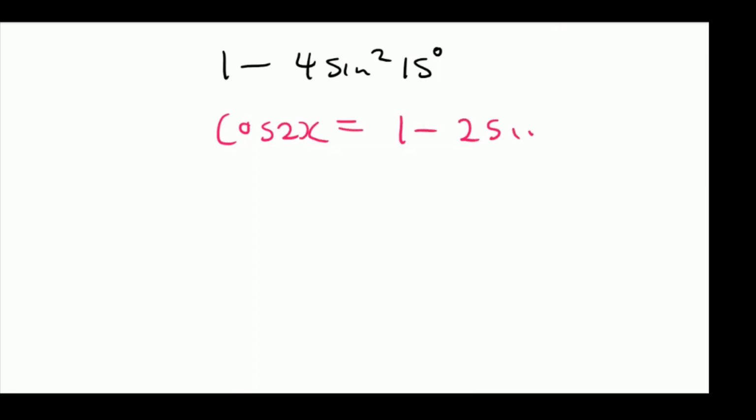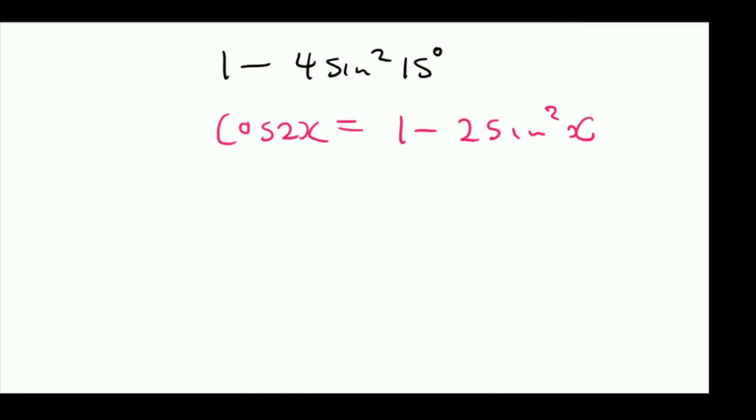So we're having 1 minus 4 sine squared of 15 degrees, right? What we need to note here is this is one of our double angle formulas. So cos of 2x is going to give you 1 minus 2 sine squared of x, right?